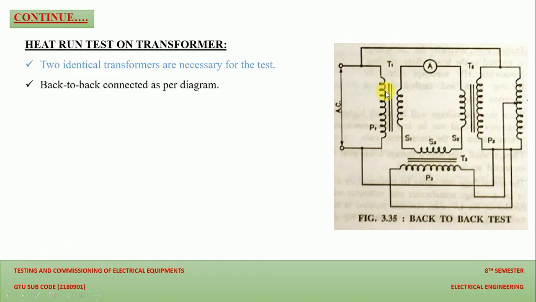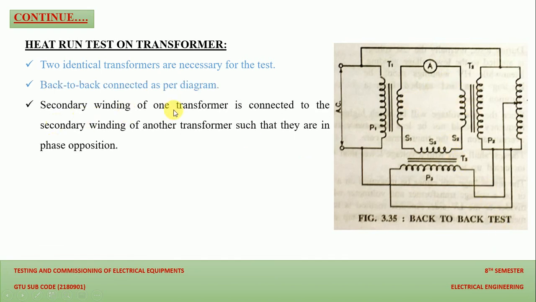So the transformers are connected back to back as per the diagram. The secondary winding of one transformer is connected to the secondary winding of the other transformer. Here you can see this is P1, indicating the primary, and this is P2, and this is P3.